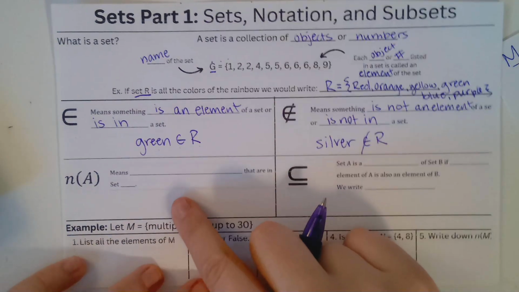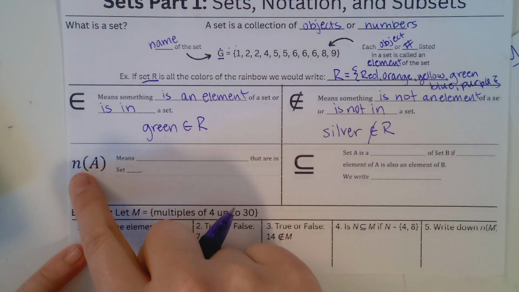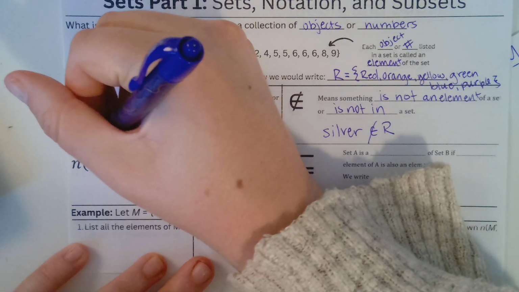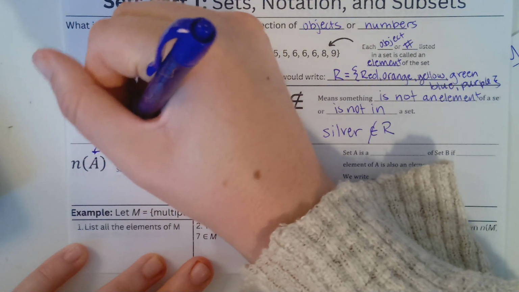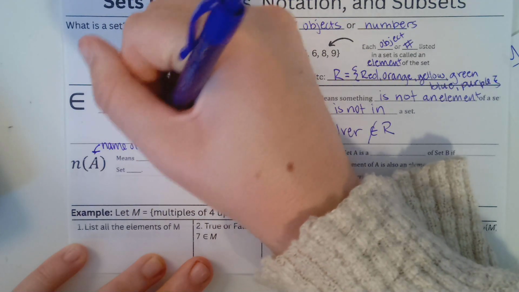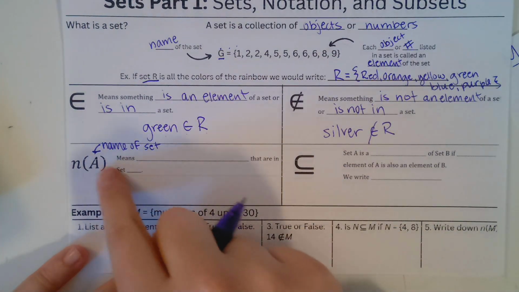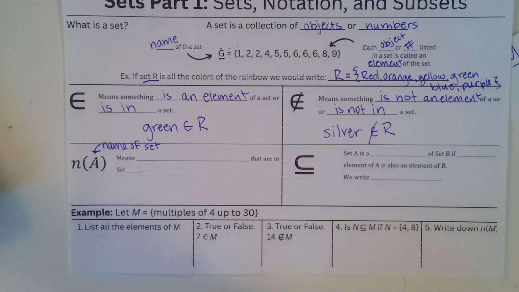This next one is a little bit different. In this one we have N and then a parenthesis and then A. This capital A is the name of a set. In this case, with this notation, that's just a generic letter that they picked to name it.